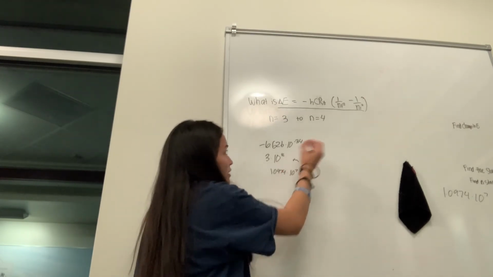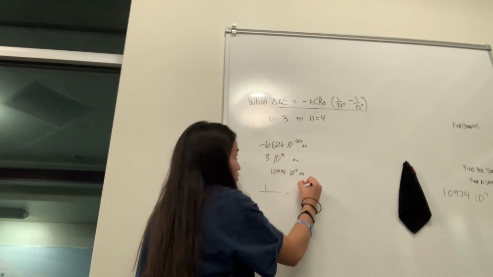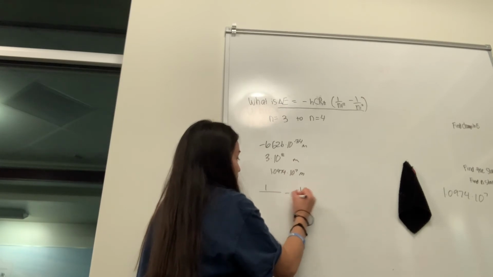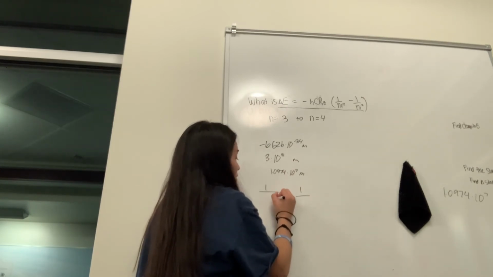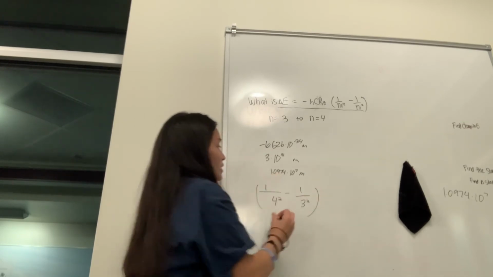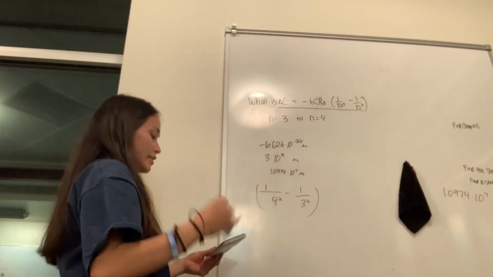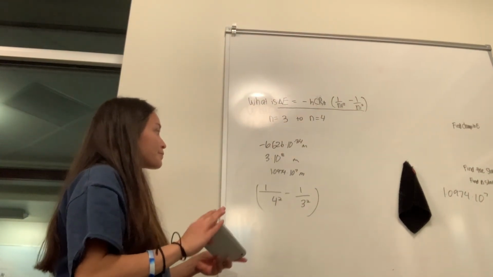And then we are going from n equals 3 to n equals 4. So we have our final squared over our initial squared. So all we have to do is get a calculator and plug everything into this equation.